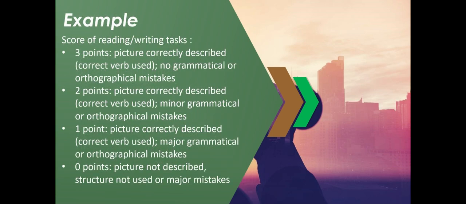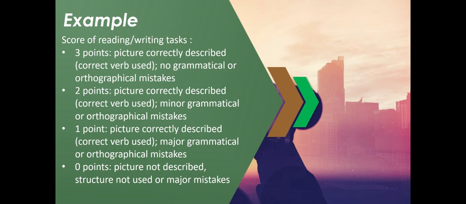We are still in the arranging blocks material. Now for this slide, I want to explain about the example score of reading or writing tests in arranging blocks. We can give 3 points for the picture correctly described, no grammatical or orthographical mistakes.